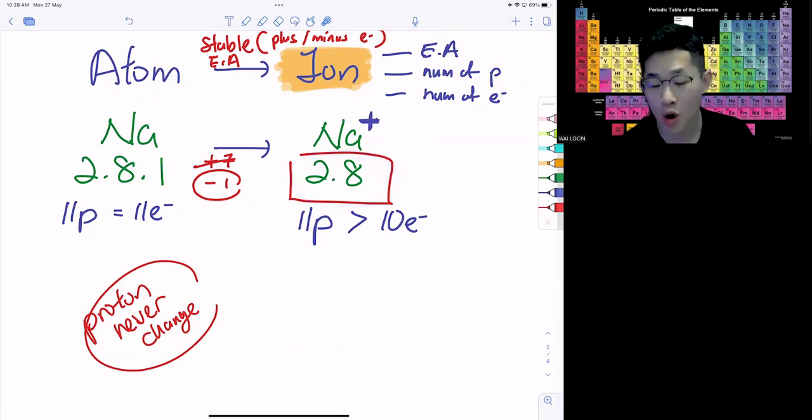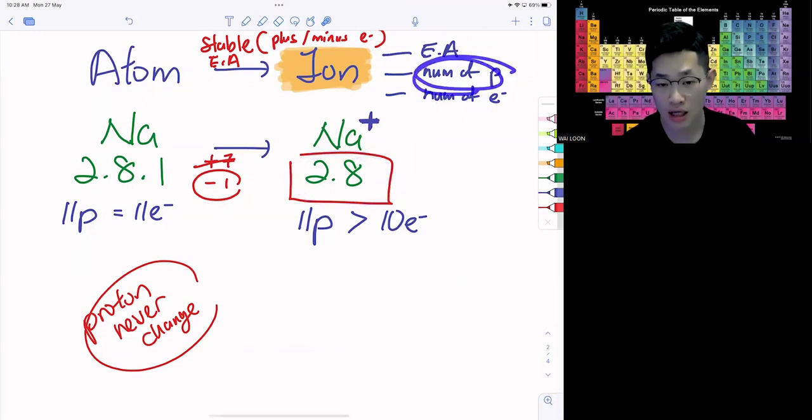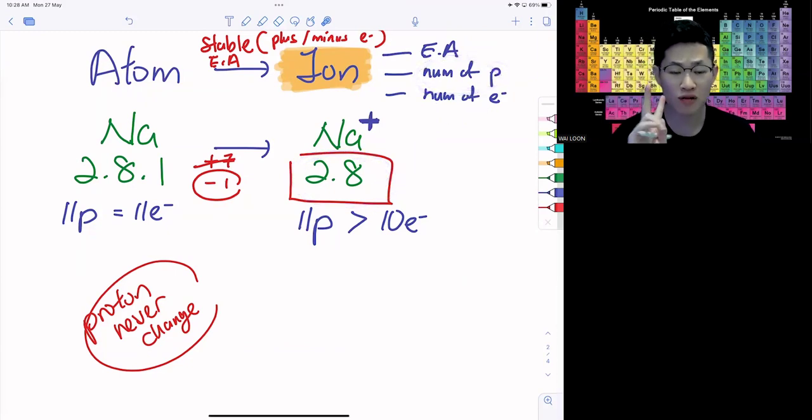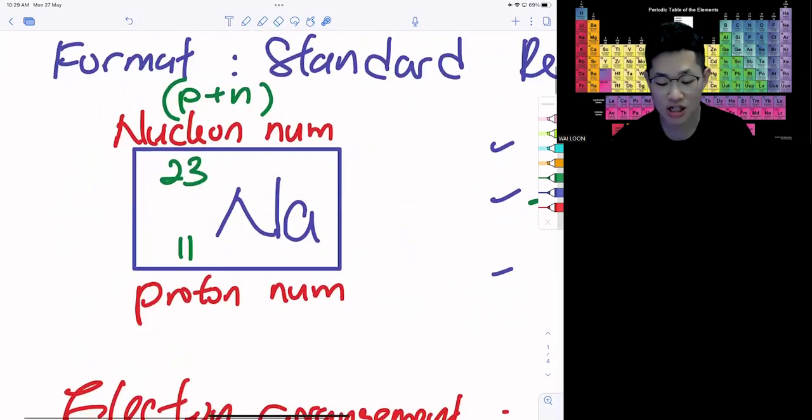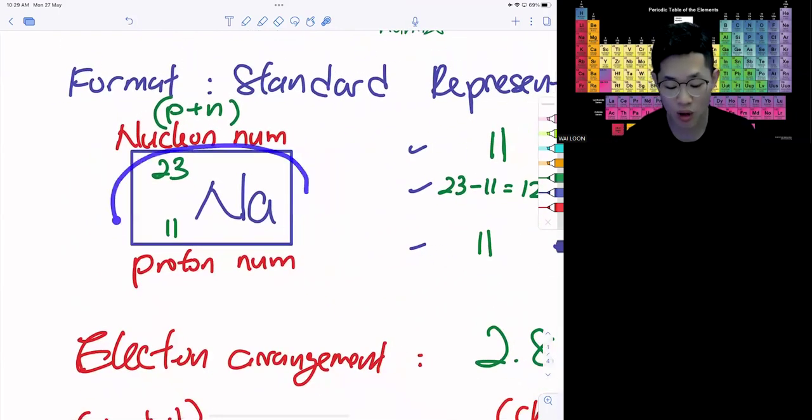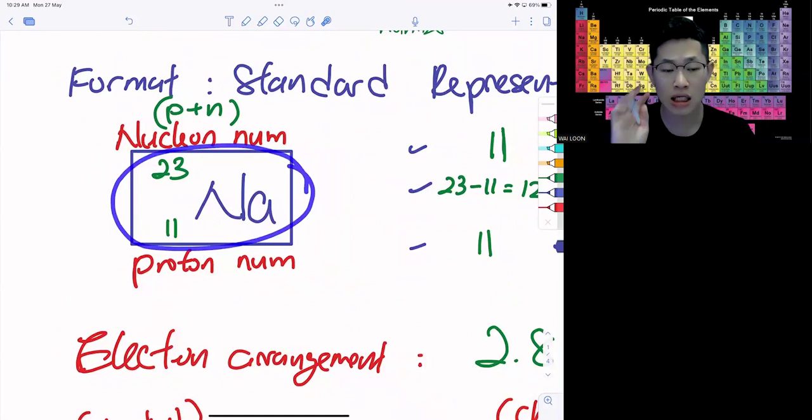But number of proton, okay, this is the 2 ways of them setting the questions. They can give you this standard representation, Na 23, 11. They ask you, what is the electron arrangement of sodium ion?